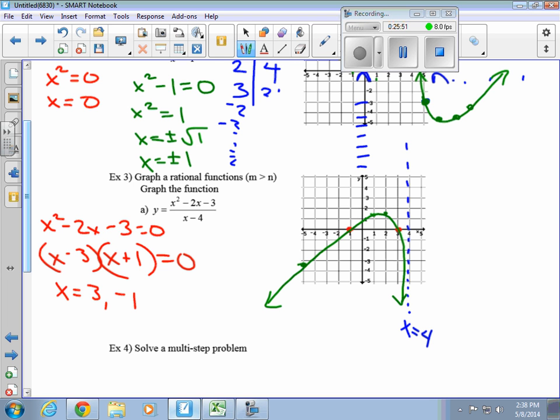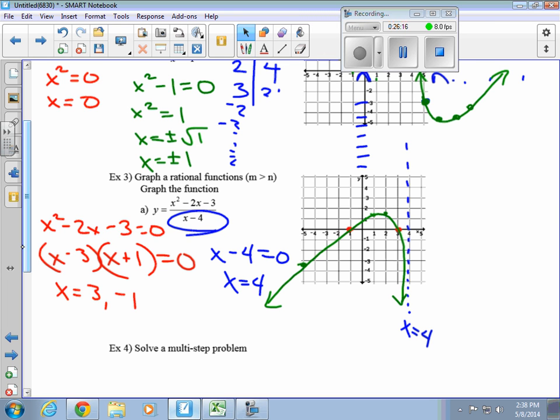All right, that's what I got here too. For the vertical asymptote, we set the denominator equal to 0. So I just went x minus 4 equals 0, and then it's x equals 4. So the vertical asymptote is always what makes that denominator equal to 0. We just didn't write it down that time. Yeah, those are your intercepts.